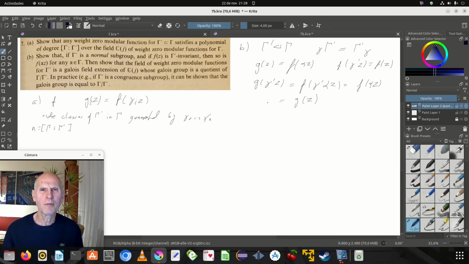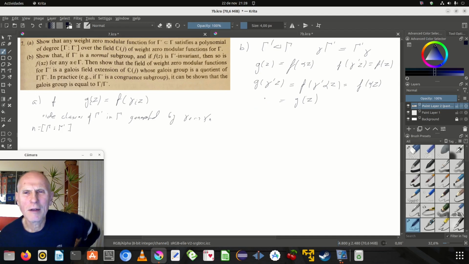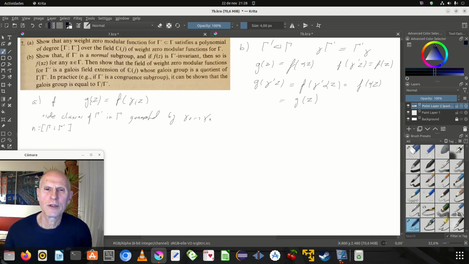I feel that I'm making a mistake here. G of gamma mark z is f of gamma mark alpha z. But we don't need this at all.